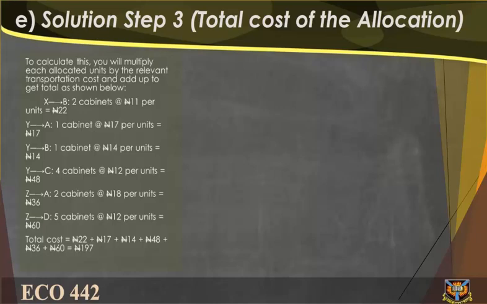Z to D, 5 cabinets at 12 naira per unit equals 60 naira. Total cost equals 22 naira plus 17 naira plus 14 naira plus 48 naira plus 36 naira plus 60 naira equals 197 naira.